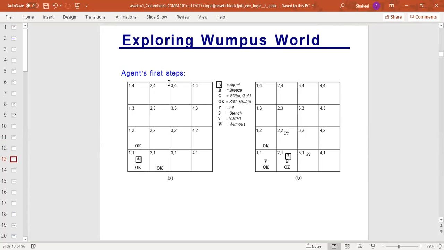Now we will introduce some informal language using symbols in the grid, and do some logical reasoning about how the agent should evolve in the cave. So initially, these are the first steps, the agent is in the first room.